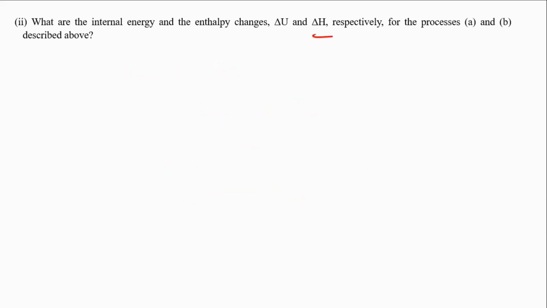Now, we're also asked about the delta H. Remember, delta H is equal to delta U plus P delta V. Now, delta U we just said is equal to zero.